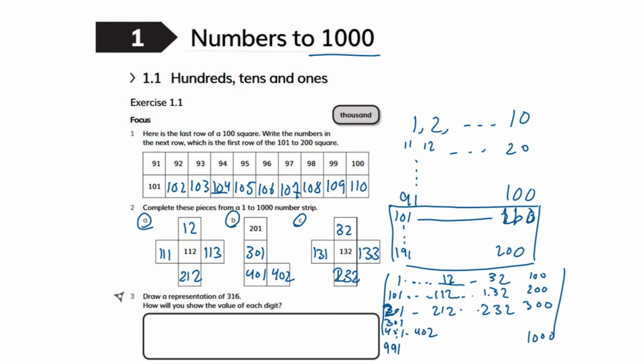In the third question, it says, draw a representation of 316. 316 is given here. It is asking us to draw a representation of it. How will you show the value of each digit? Let me scroll it a bit down.